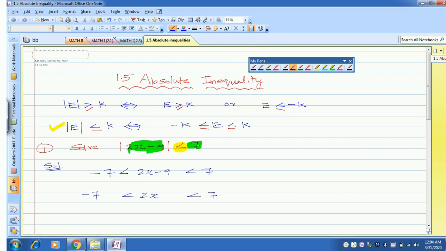I have to bring this minus 9 to the other side, or you can add 9 throughout the equation. Here minus 9 plus 9 becomes 0, and on the other sides you will have plus 9. Upon simplifying, you will get 2 less than 2x less than 16.